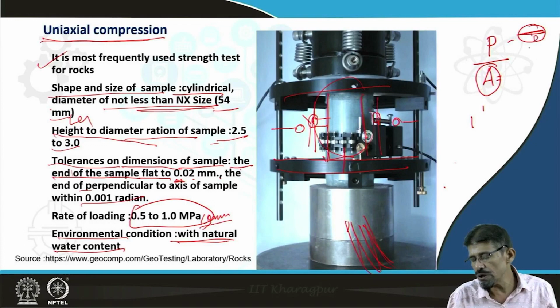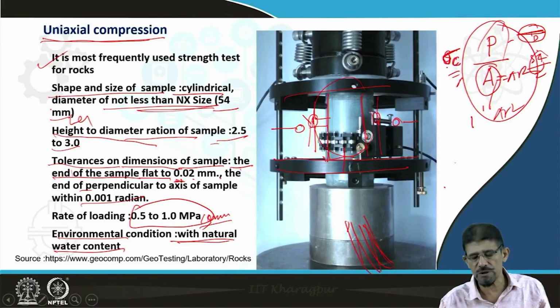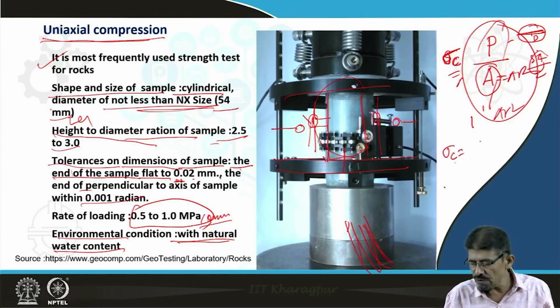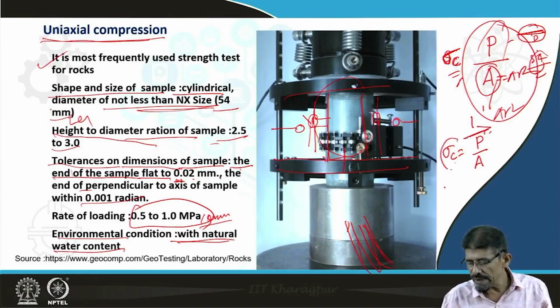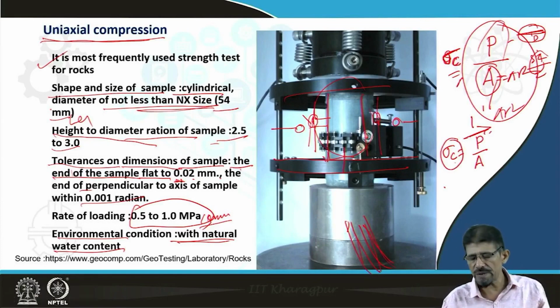If you know D is 54, then you divide by 2 and take the pi r squared concept, and you can easily determine the strength. Generally, strength we traditionally recognize as sigma c. So sigma c is equal to P by A. Here P is a force, so the stress is also a vector or higher order vector.